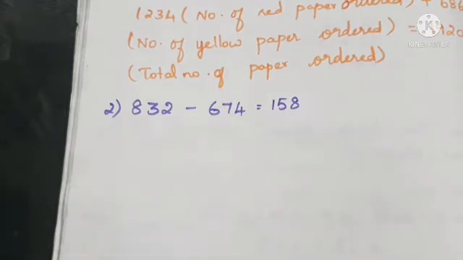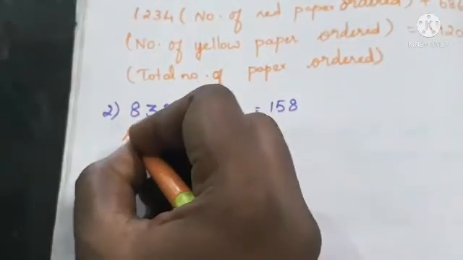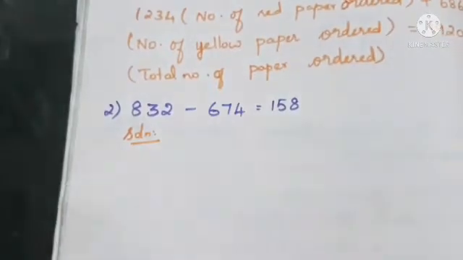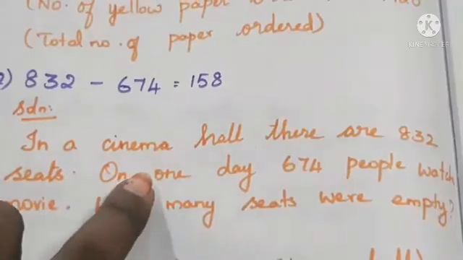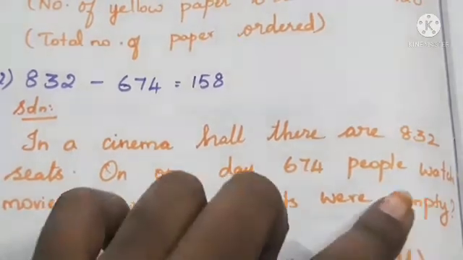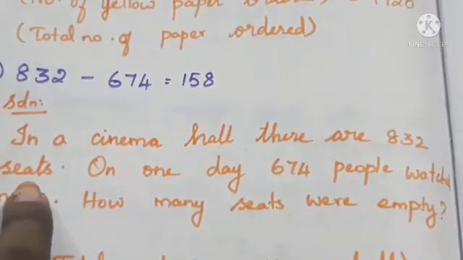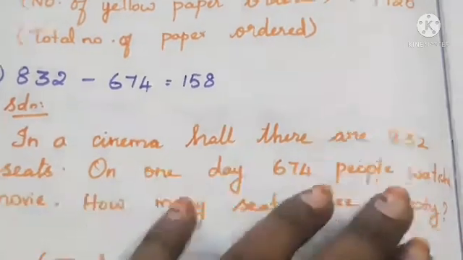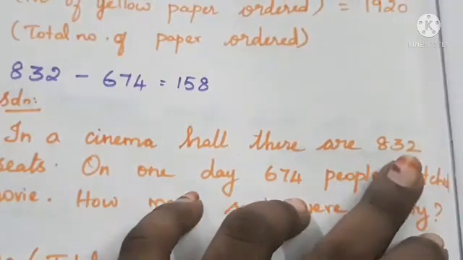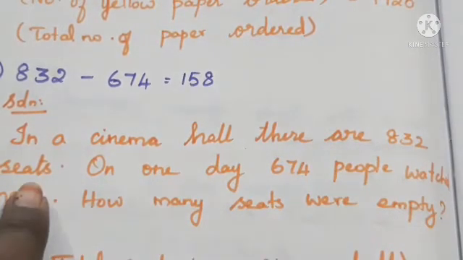As our wish we can frame the sentence. So here I have framed. First we write the solution, then we frame the sentence. In a cinema hall there are 832 seats. In a theater, how many seats are available? There are 832 seats, the total number of seats.